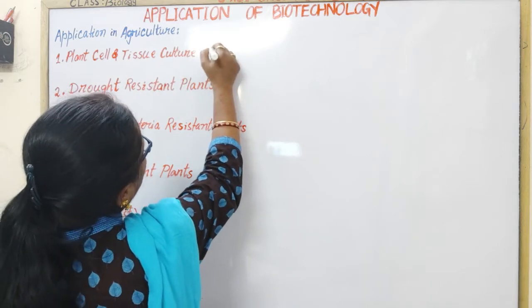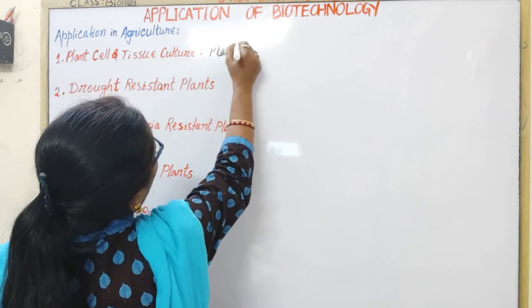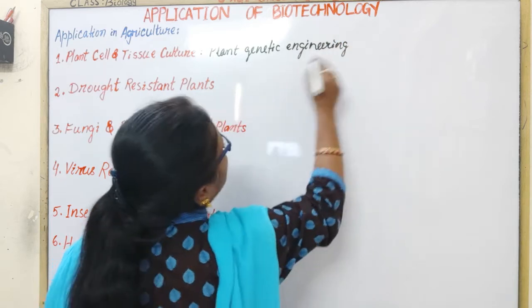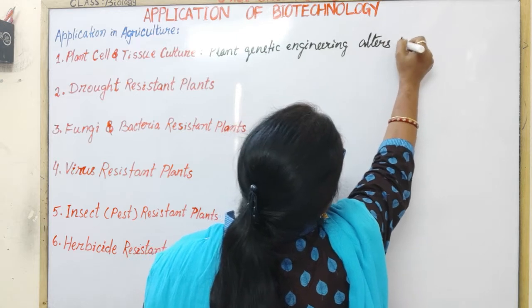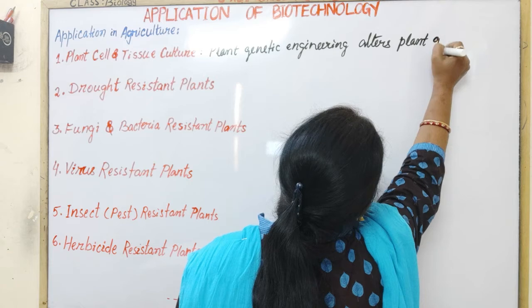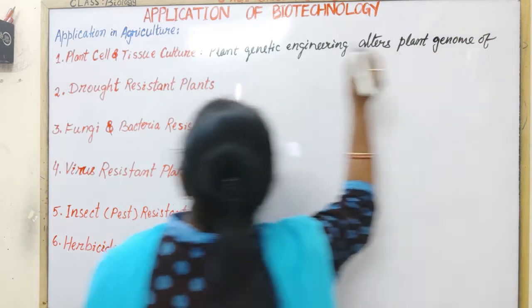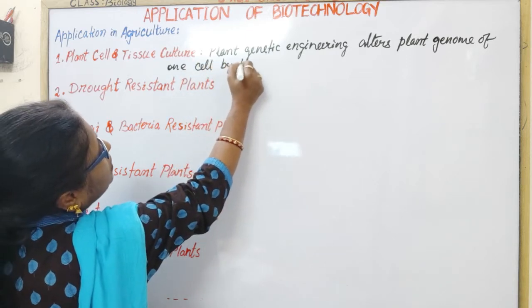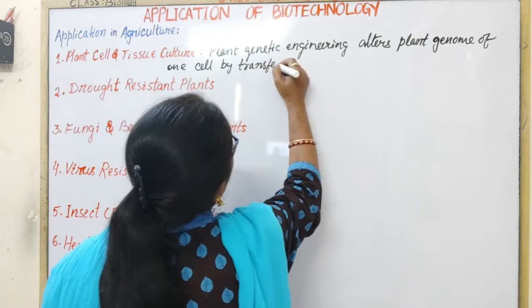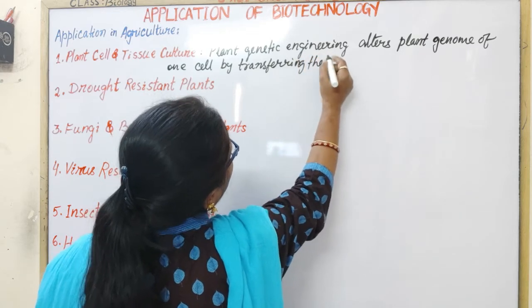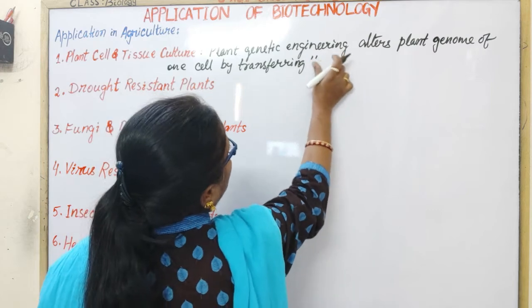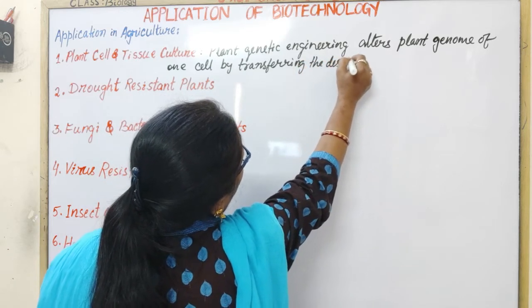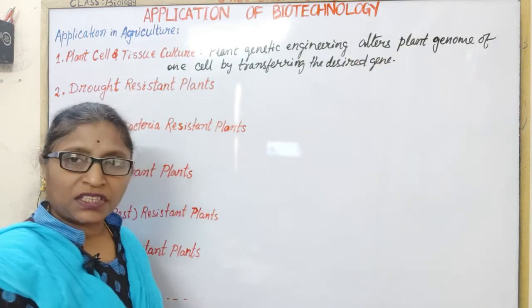How is it done? By using plant genetic engineering, the plant genome of one cell is altered by transferring the desired gene from one cell to another.